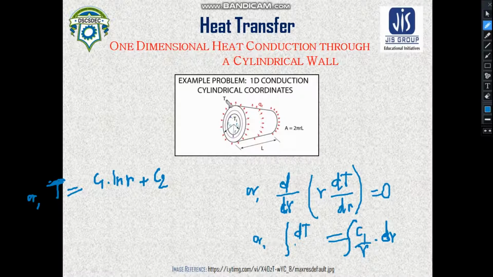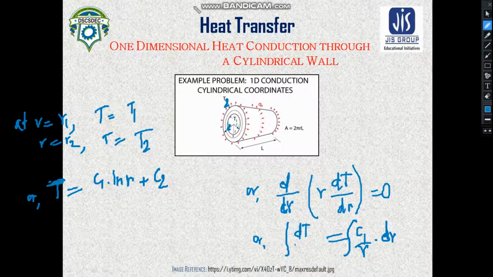Here it is taken as T0, but take T2 for better understanding, and take R2 here. So at radius r1, the temperature maintained is T1. So at r equal to r1, T will be simply T1, and at r equal to r2, T will be simply equal to T2.